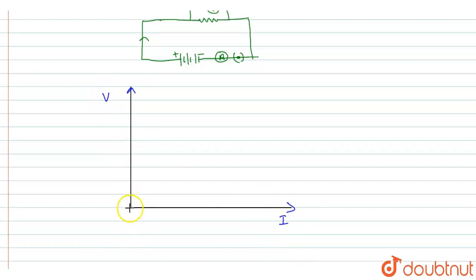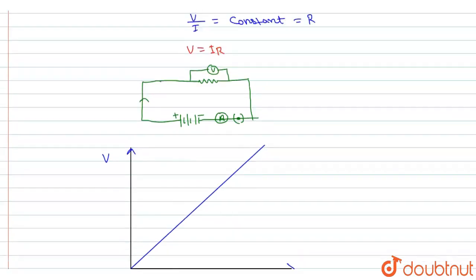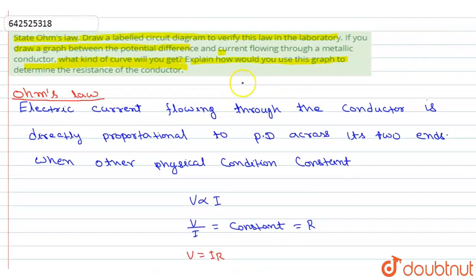So we will get a straight line. From here we can see that the relation between V and I is a straight line.